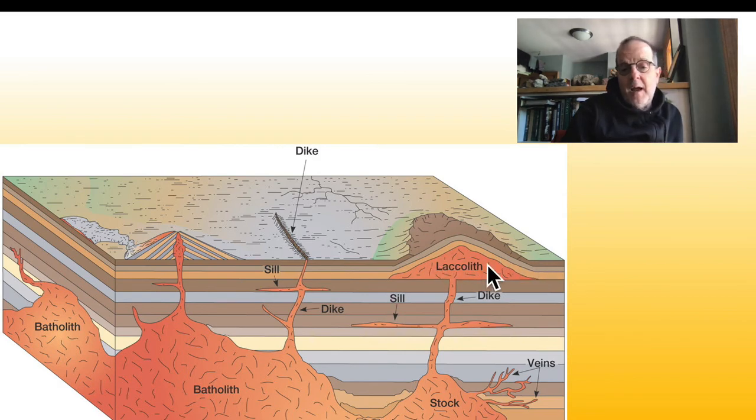And this could also have fine-grained igneous rock, which we might consider extrusive, as we might see in this volcanic neck.